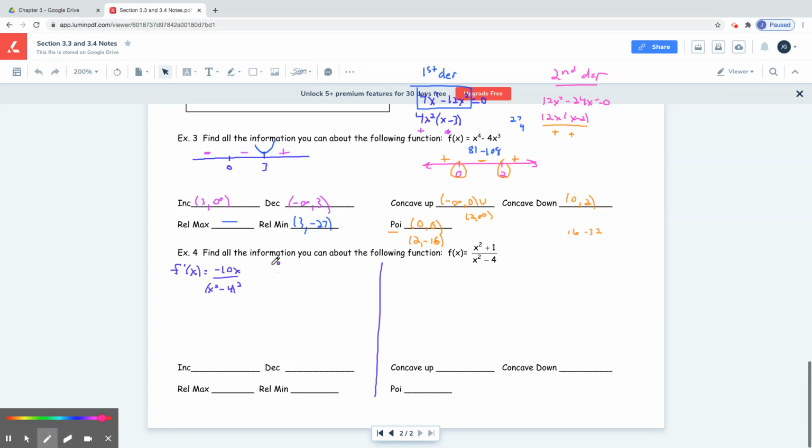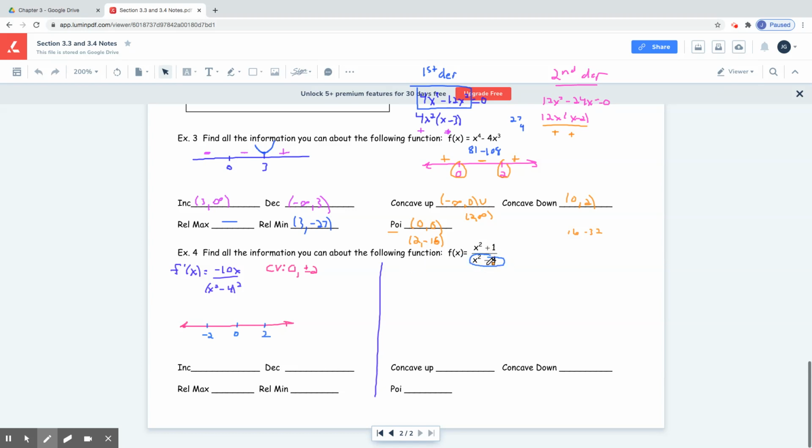Which means our critical values are going to be, we set the top equal to 0, which is x equals 0. We set the bottom equal to 0, x squared minus 4, that's plus or minus 2. So I have 3 critical values. Now I mentioned this at the end of class, I guess it was Friday. With a fraction, you have to be careful.